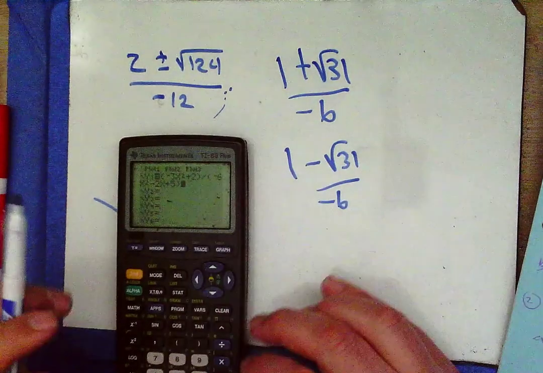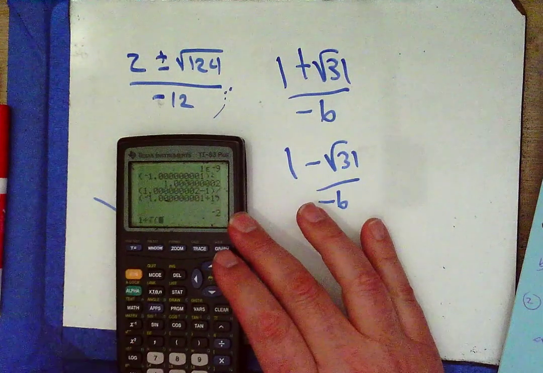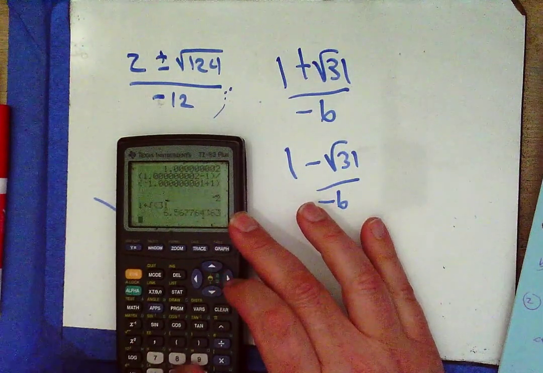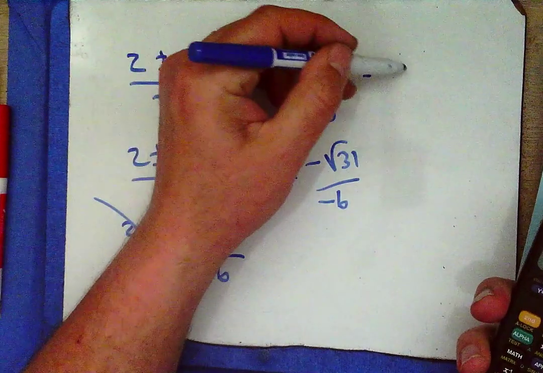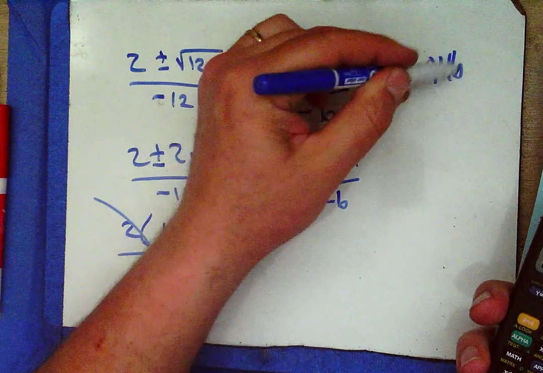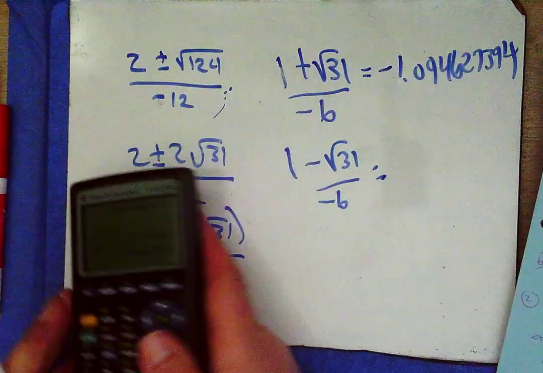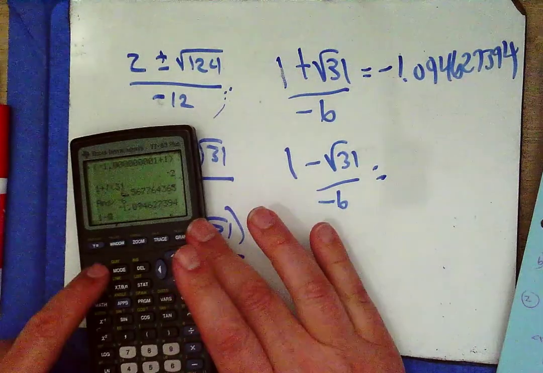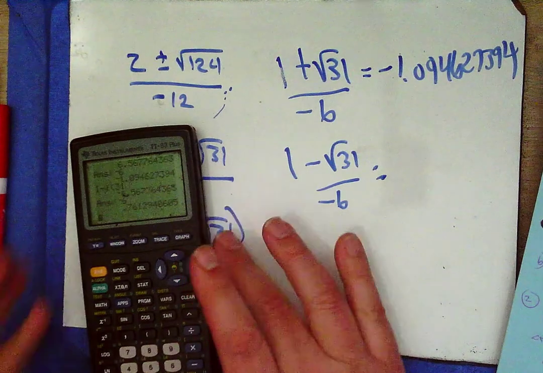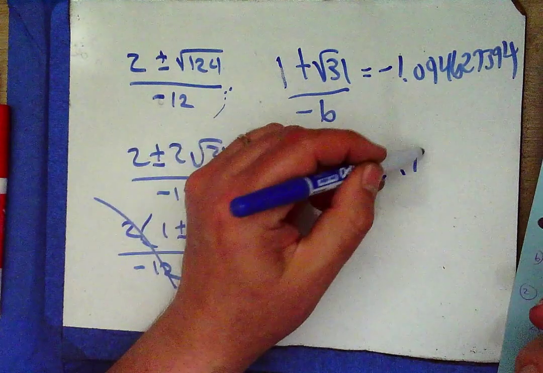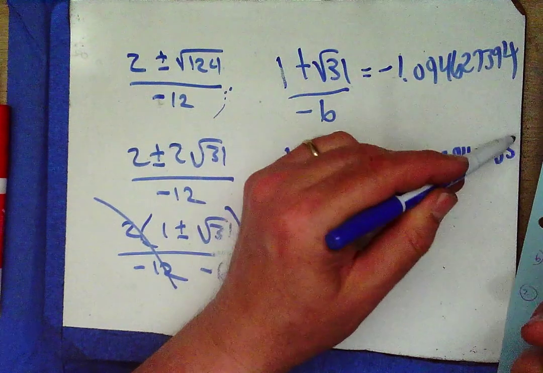So these values, okay, 1 plus square root of 31 divided by negative 6, this is negative 1.094627394. And this one, 1 minus square root of 31 divided by negative 6, I get positive 0.7612940605.